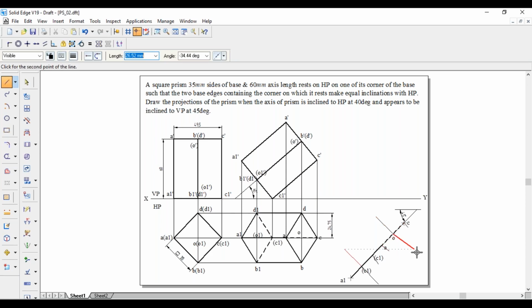Now how is it joined? The same way we have to join here also. A to D1, dark. This is dark.